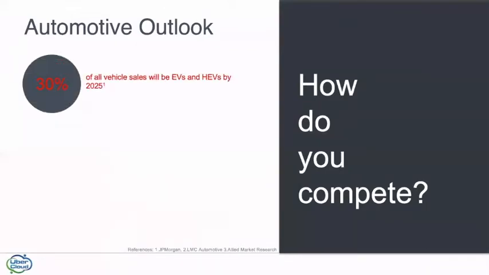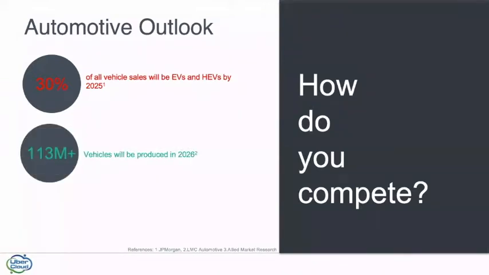So while electric vehicles have progressed and continue progressing, it is expected that 30% of all vehicle sales will be electric vehicles and hybrid electric vehicles by 2025. And vehicle production will increase to over 130 million in 2026 from less than 100 million today.